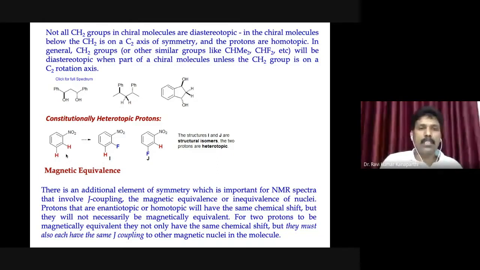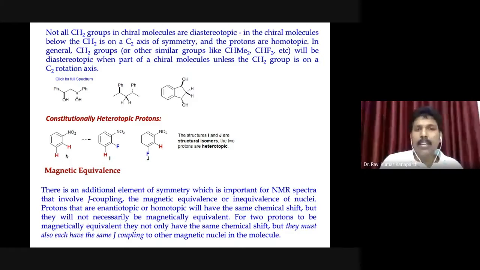Now, heterotopic and diastereotopic protons will have different chemical shift values as well as different coupling constants. On the other hand, the enantiotopic protons as well as the homotopic protons will have the same chemical shift value, but not necessarily the same coupling constant.